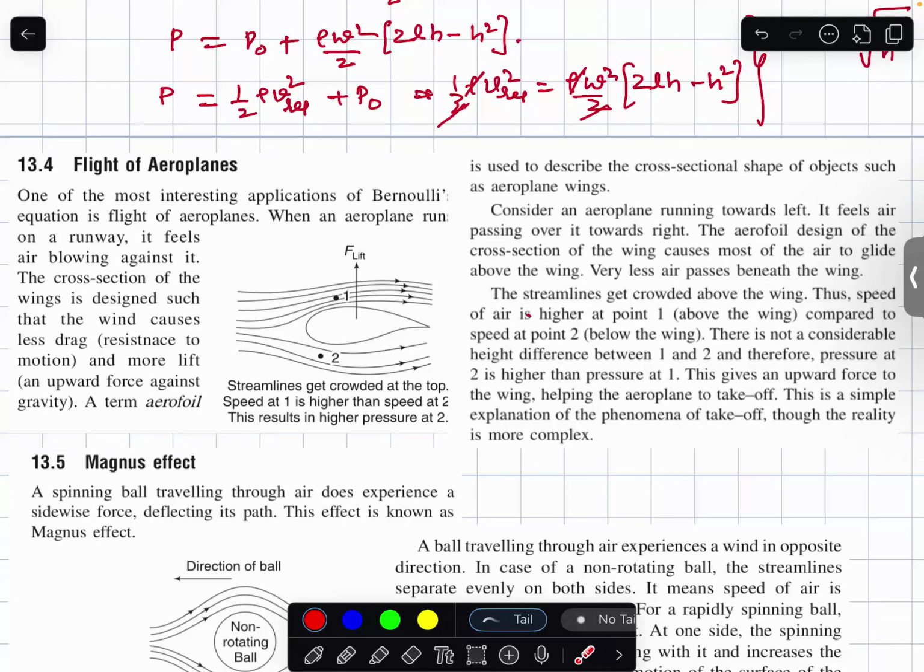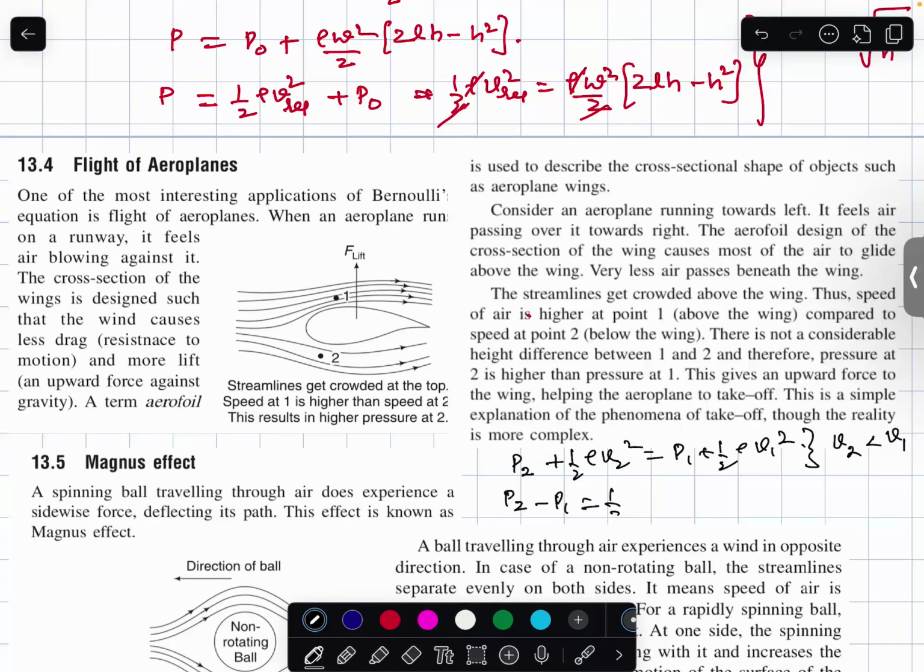Now, for example, what you will use is P2 plus half rho V2 square is equal to P1 plus half rho V1 square. Since V2 is less than V1, the pressure difference can be written as half rho (V1 square minus V2 square).